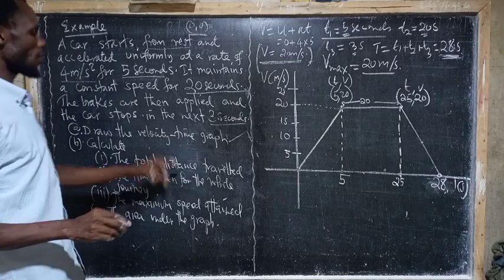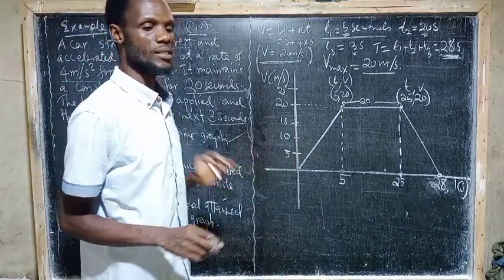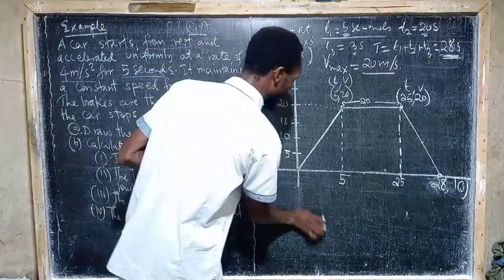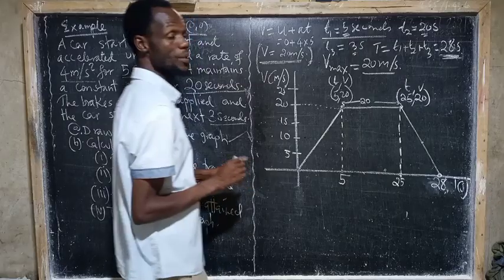The total distance traveled: the area under the graph represents the total distance traveled. When you look at the graph, the shape obtained is a trapezium.